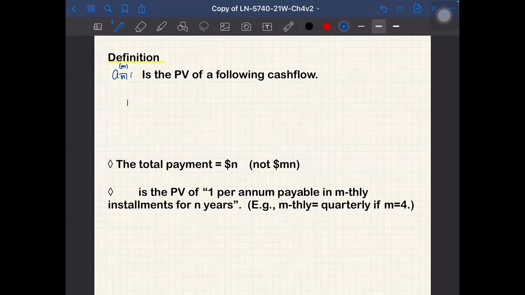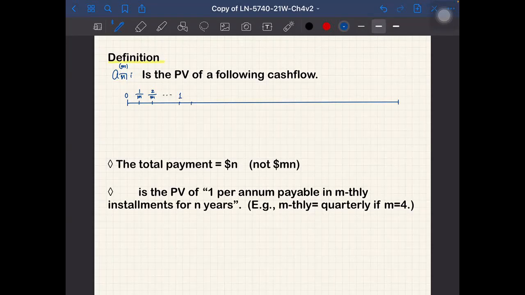So we have the time diagram. Basically, this is an n-year annuity, but the payment is every 1 over m year. So if m is equal to 4, that is quarterly payments. If m is equal to 12, then monthly payments. So the payment times are 1 over m, 2 over m, up to 1.